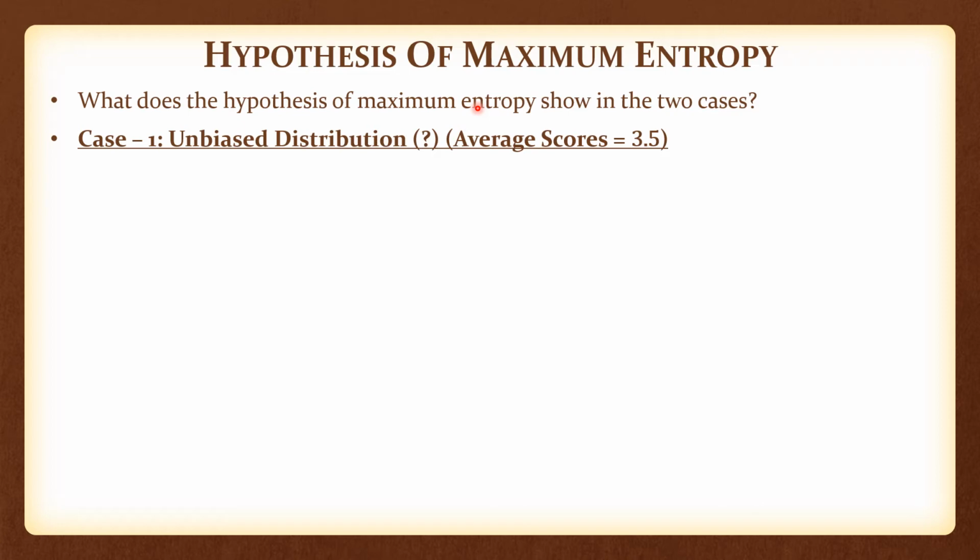Now let us see what these formulas and this hypothesis of maximum entropy give us in case of a severely underdetermined distribution, which is unbiased, where the average score is 3.5.